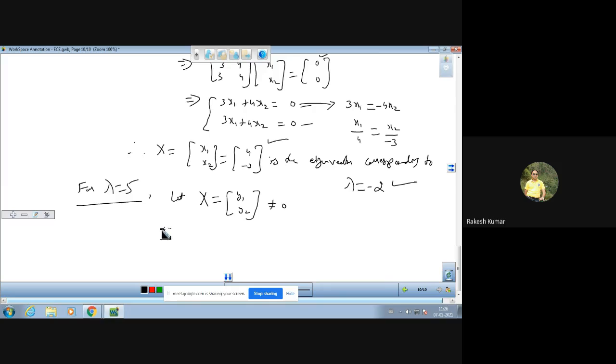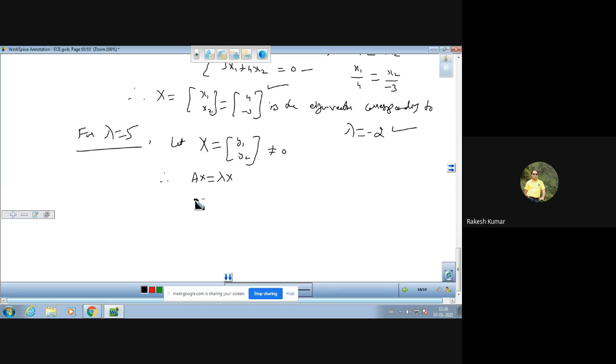You know that Ax should be equal to lambda x, and lambda is 5 in this case. So it comes out to be (A minus 5I) into x equal to the null vector.